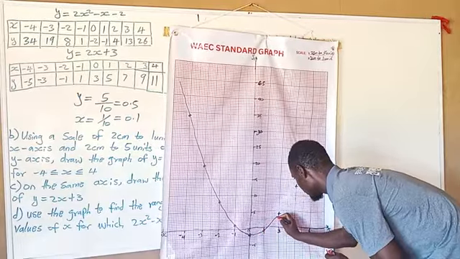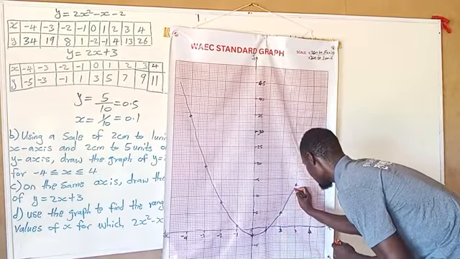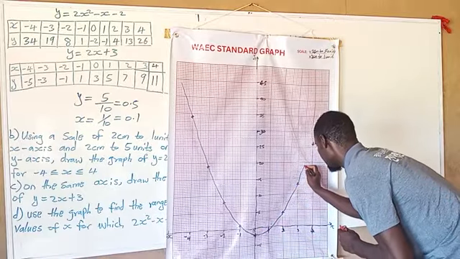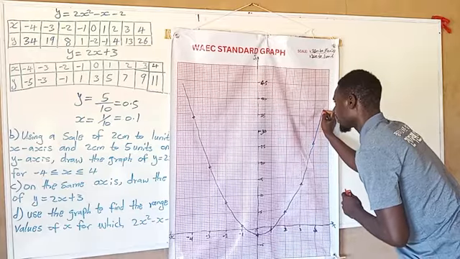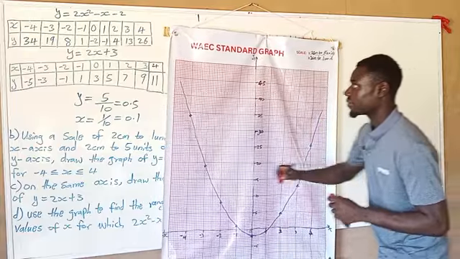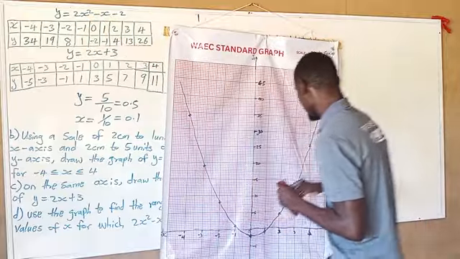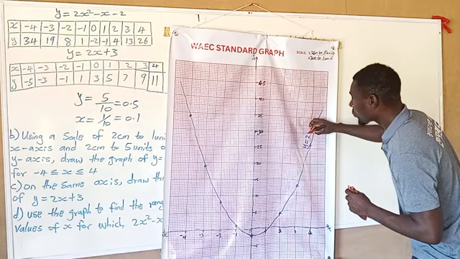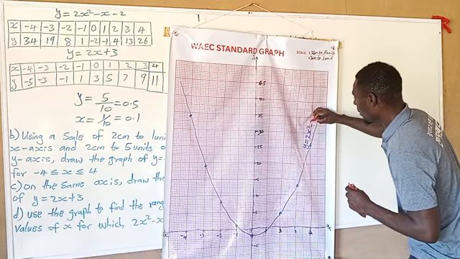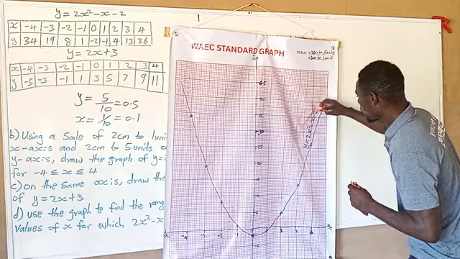You trace, bring it out. And you name your graph. This is the name of your graph: y is equals to 2x squared minus x minus 2.